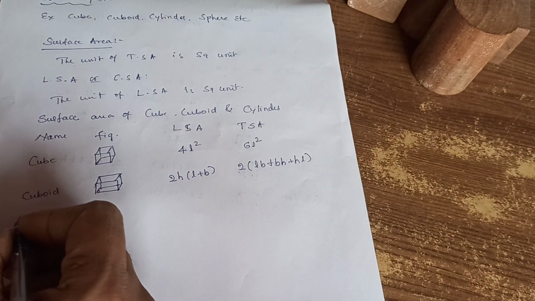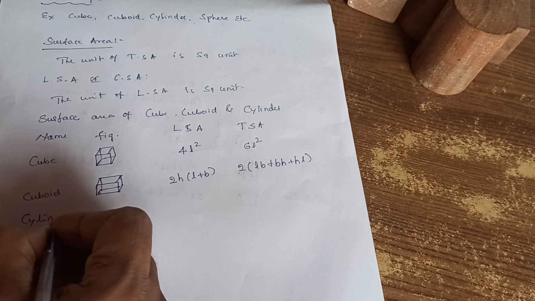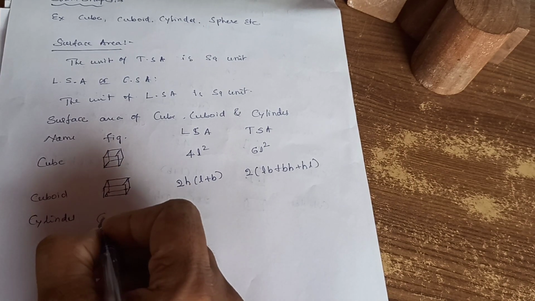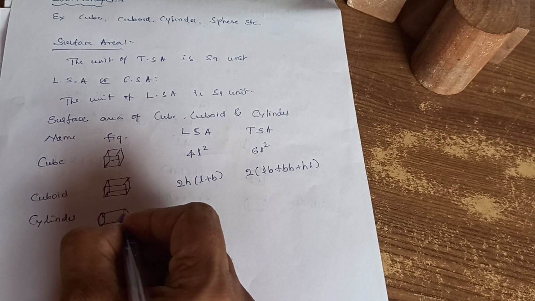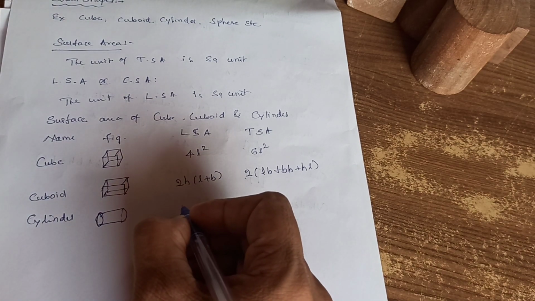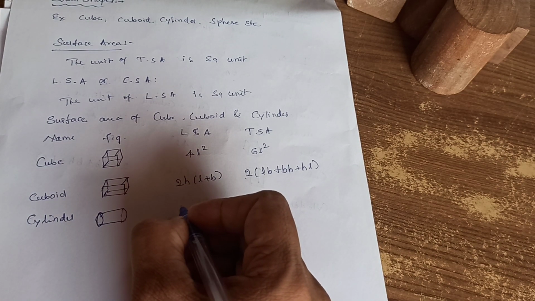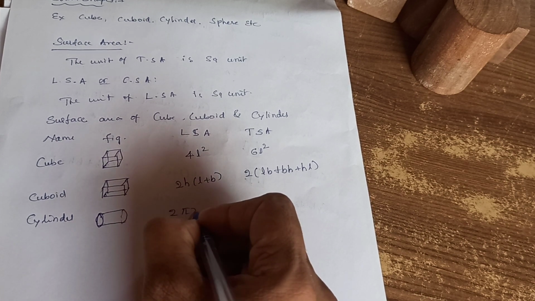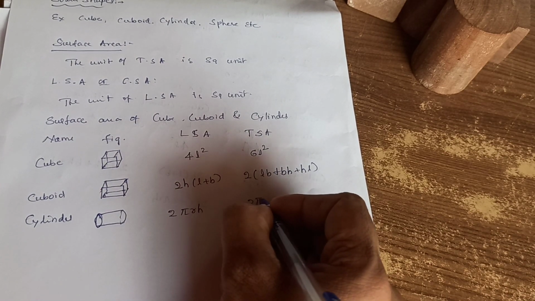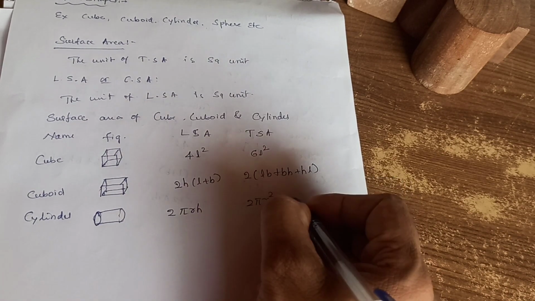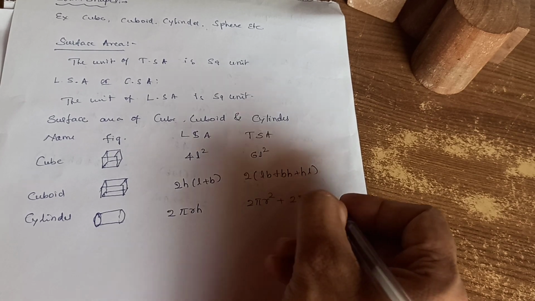Now the cylinder. To calculate the LSA of cylinder, the formula is 2 pi RH. Then TSA is 2 pi R square plus 2 pi RH.